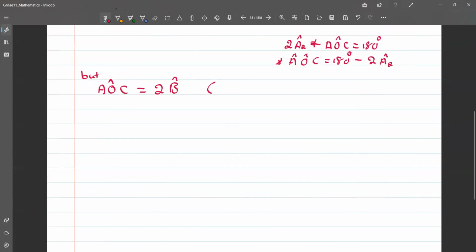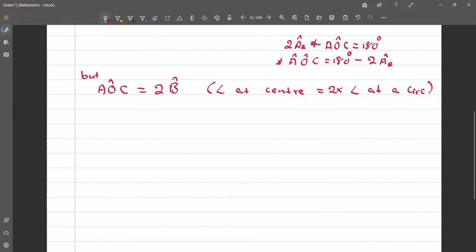Why is that? Angle at the center equals 2 times angle at the circumference.